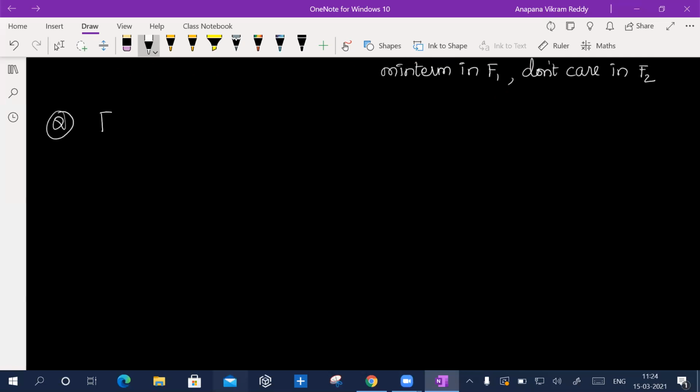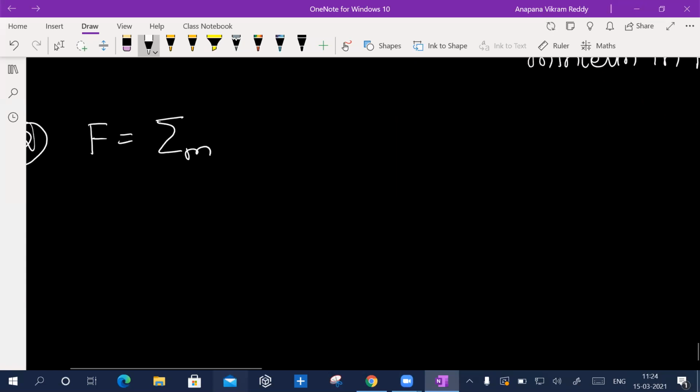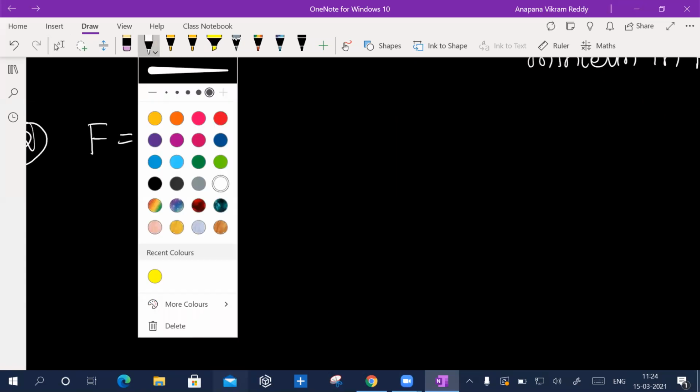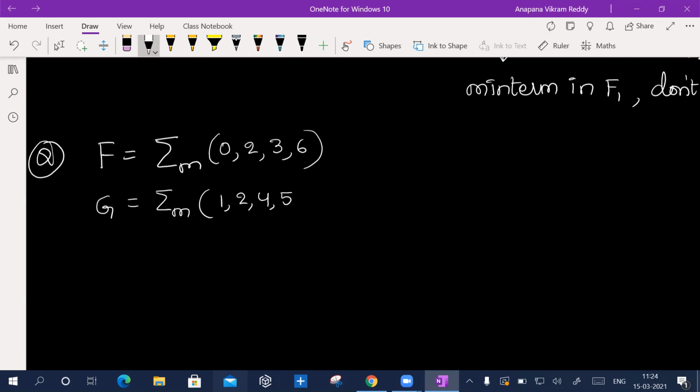Say F is equal to sum of minterms 0, 2, 3, 6, and G is equal to sum of minterms 1, 2, 4, 5, 6.